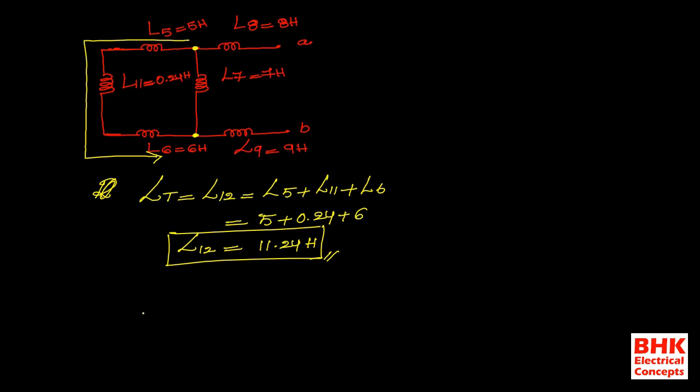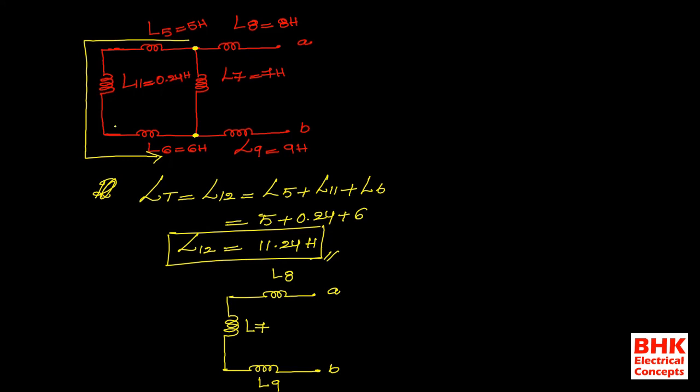Now what I am doing, again I am redrawing this network. Instead of the series combination of L5, L6 and L11, I am just placing this L12 here. Okay, now see here, this is terminal A and this is terminal B, and here an inductor is connected, that is L8, and here this one is L9, and here one inductor is connected, this is L7.